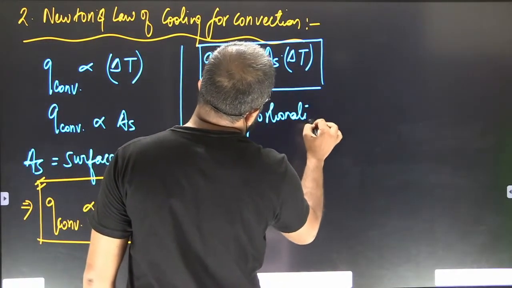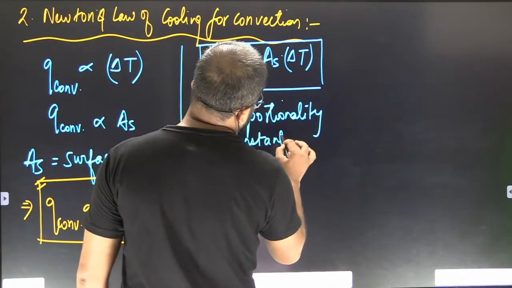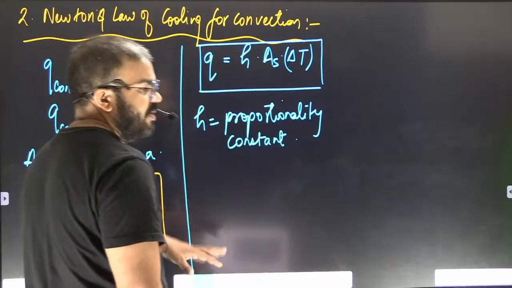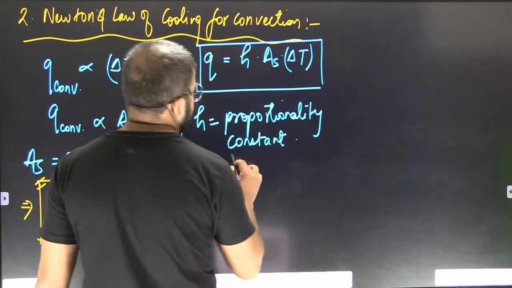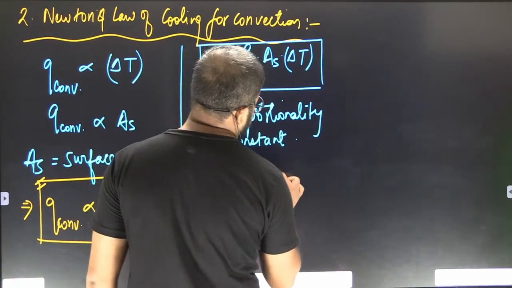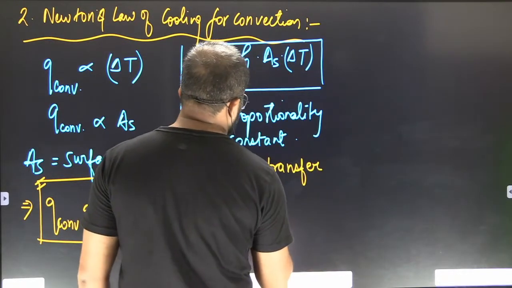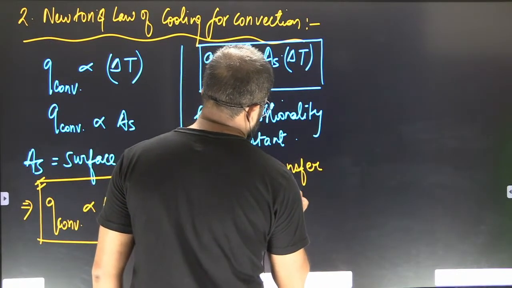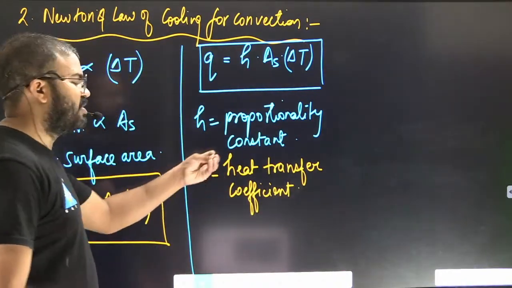Okay, H is simply a proportionality constant, and this proportionality constant is very important, and it is known as the heat transfer coefficient. What is it known as? Heat transfer coefficient. See how lazy was Newton. He didn't even care to give it a simple name.